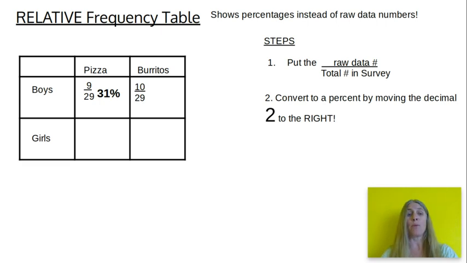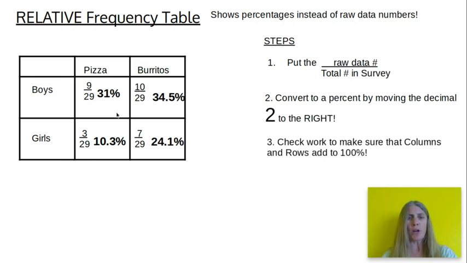Boys who preferred burritos were 34.5% of the class. Girls who preferred pizza were 10.3% of the class, and girls who preferred burritos were 24.1% of the class. So all we've done is we've taken our number of people, divided it by the total number of people in the survey from the previous table, and then we change it to a percent.